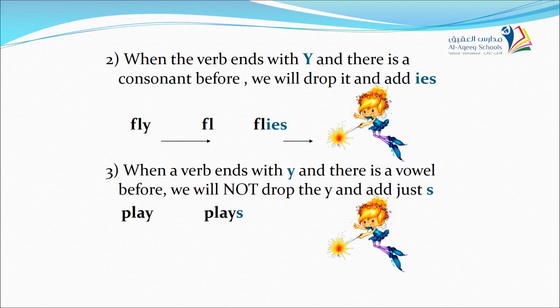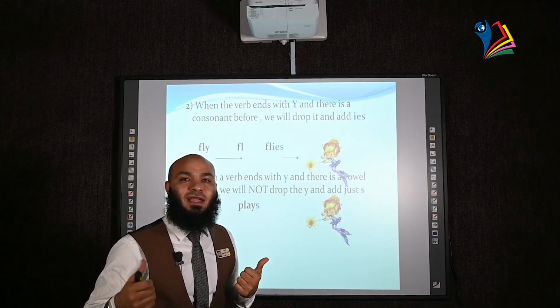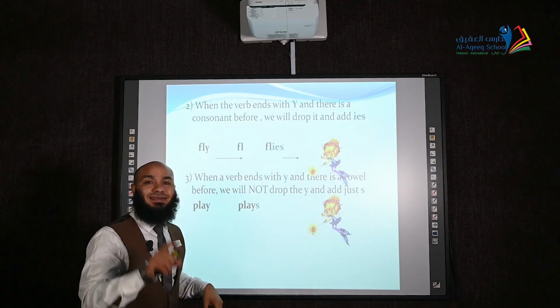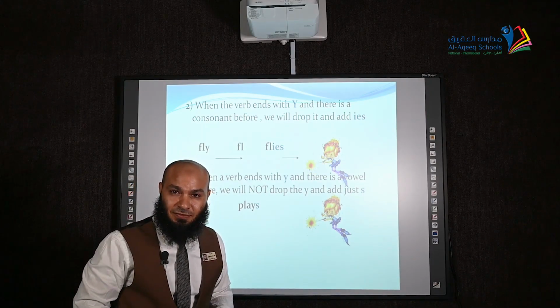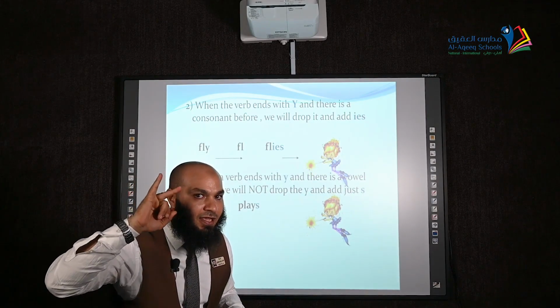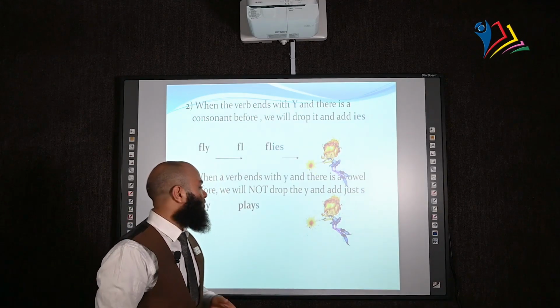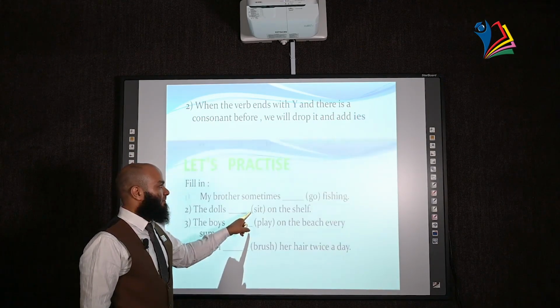If the verb ends with the letter Y preceded by a consonant, we omit Y and add IES. But someone says play. Play ends with Y preceded by a vowel. Can you tell me what the vowel letters are? Yes, A, E, I, O, and U. Thank you a lot. So play will be plays. We just add S.